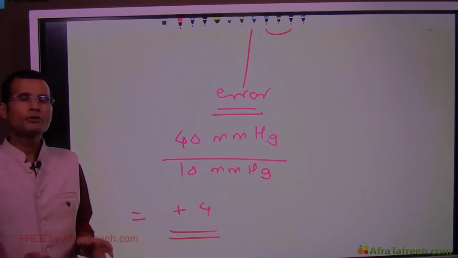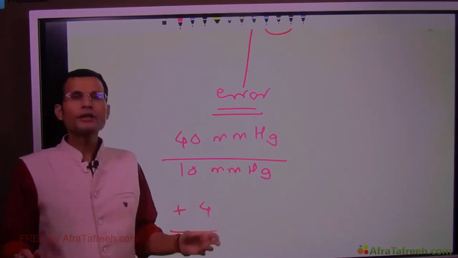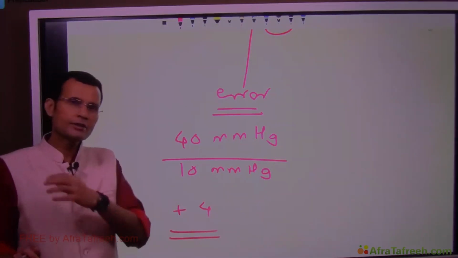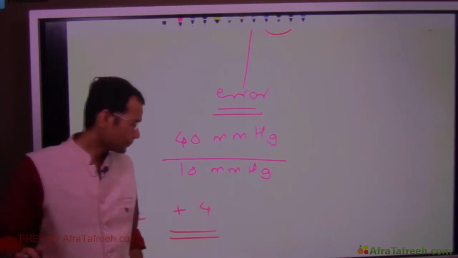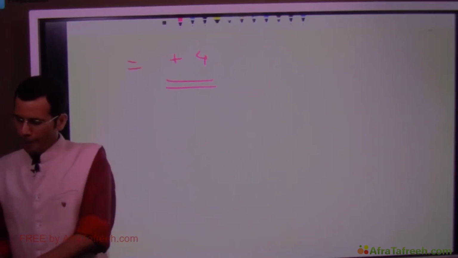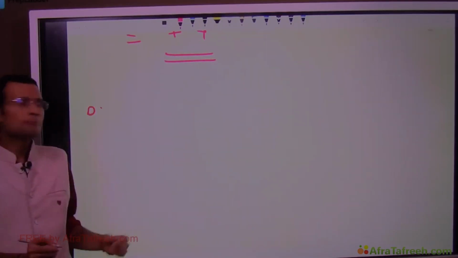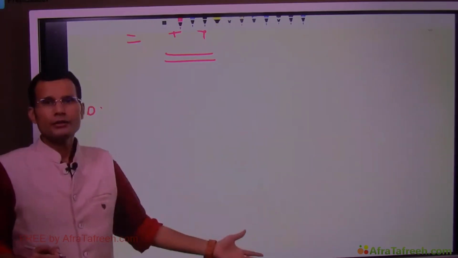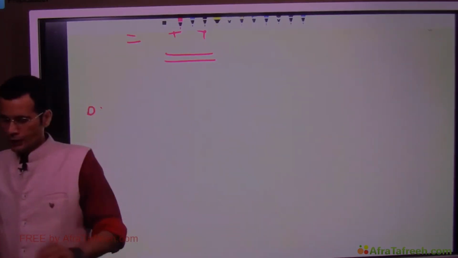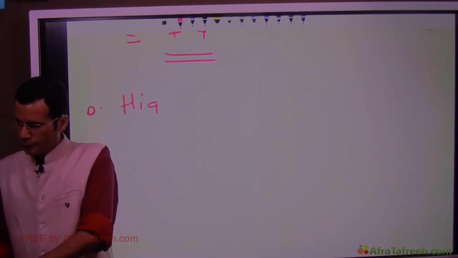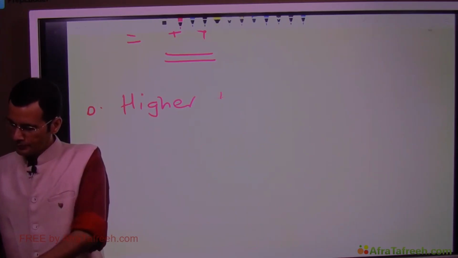Now plus or minus does not indicate the magnitude, it just indicates the direction of the final change. Let's further describe this: the higher the gain, the more efficient the system.